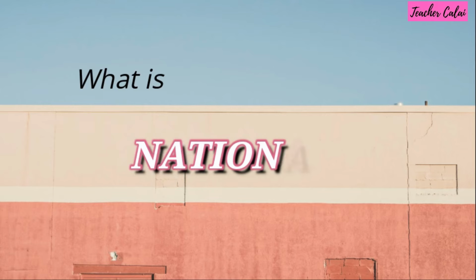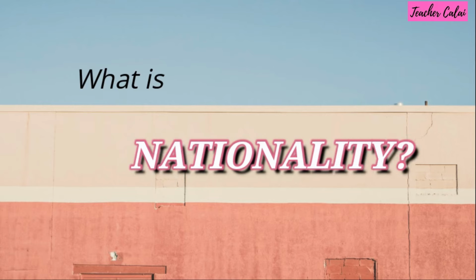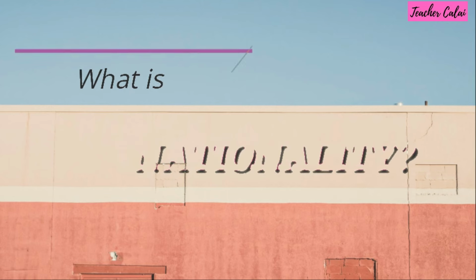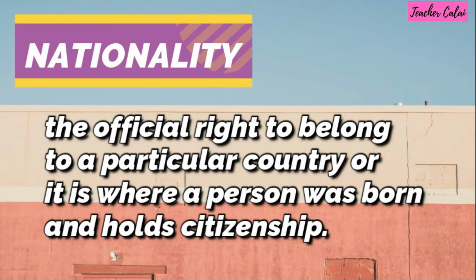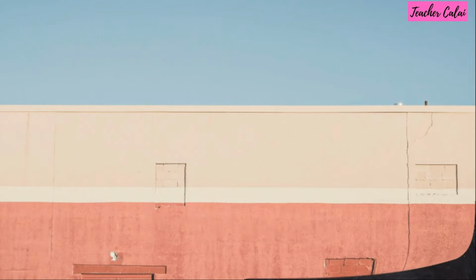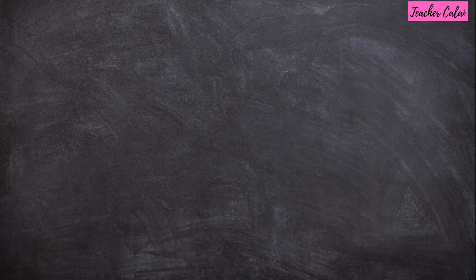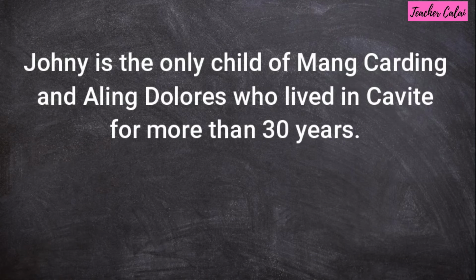What is nationality? Nationality is the official right to belong to a particular country, or it is where a person was born and holds citizenship. For example, Johnny is the only child of Mang Carding and Aling Doroles, who live in Cavite for more than 30 years.